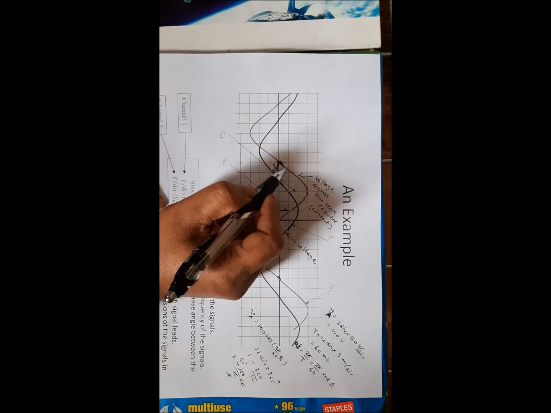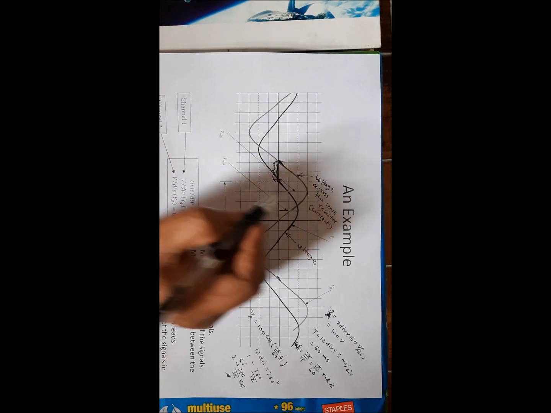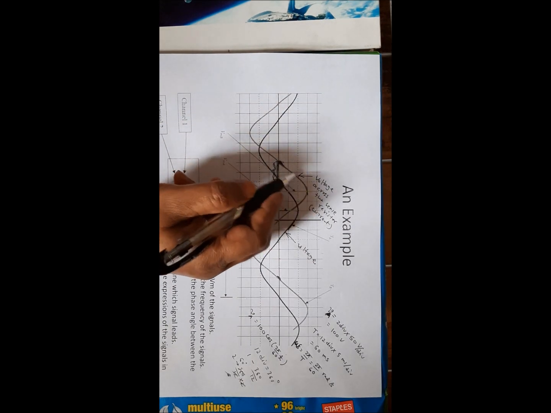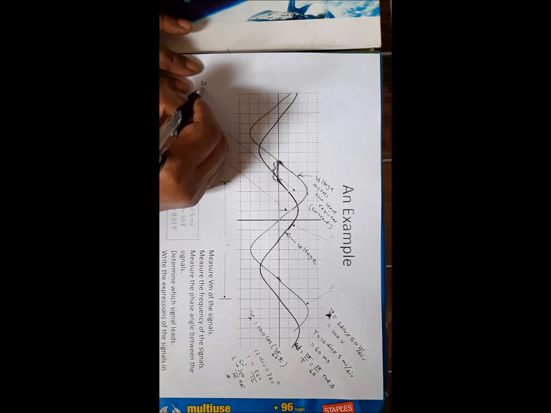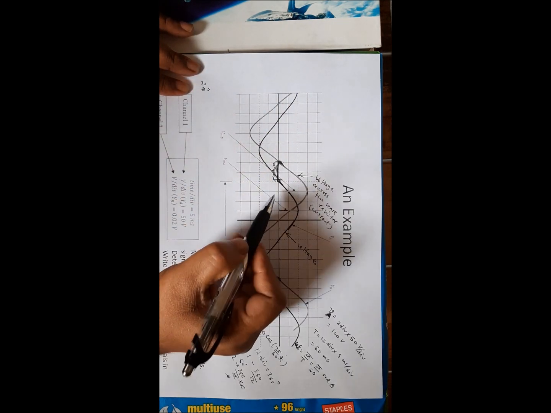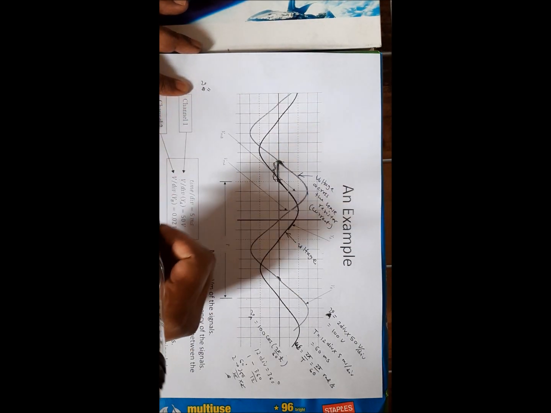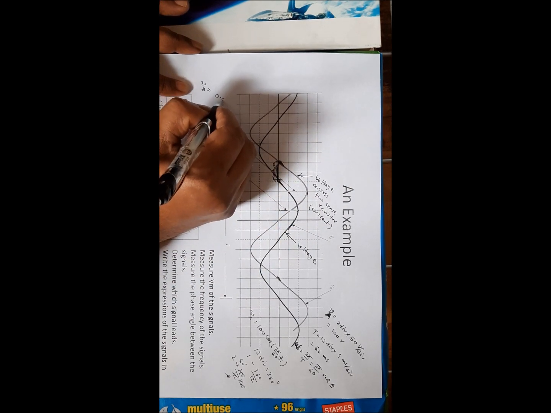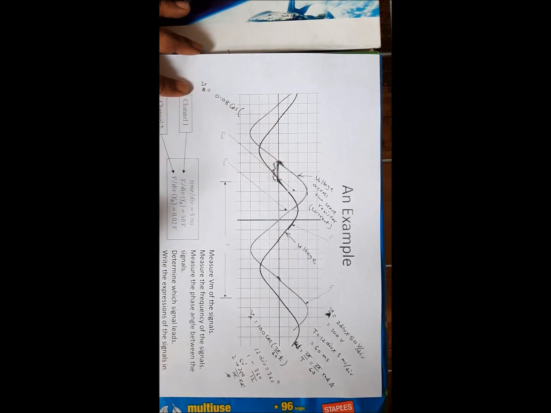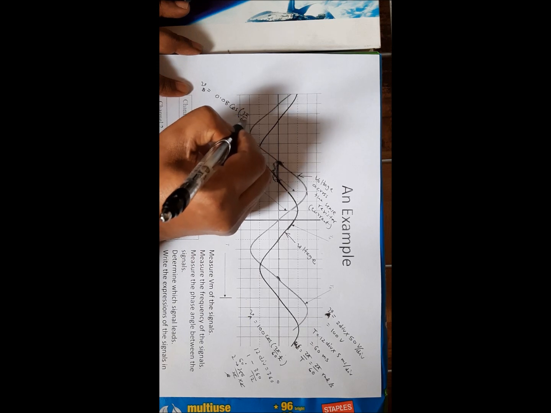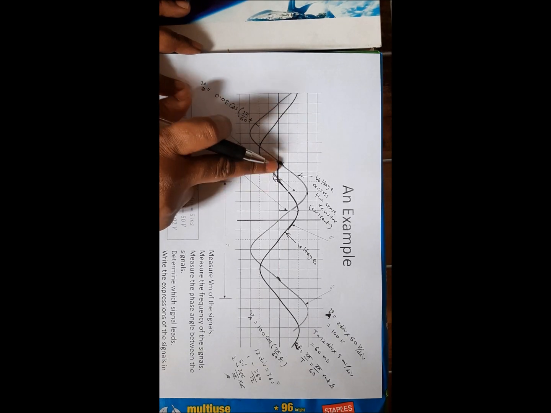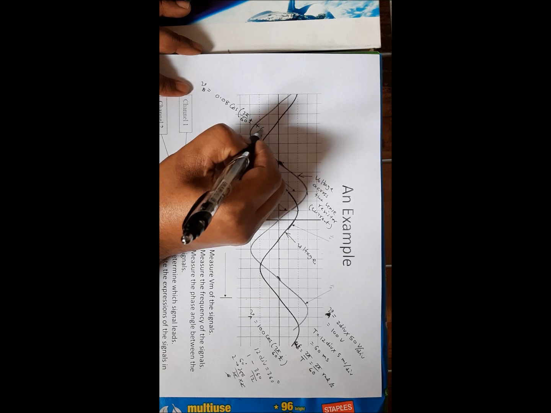Now if I wanted to find the expression for VB, the voltage across channel 2 or across the sense resistor, VB will have 1 2 3 4 divisions, and each division got 0.2, so 4 times 0.2, 0.8, and we write it in terms of cosine, and frequency is the same, 2 pi over 60 t, and the angle difference between these is 60 degree, so plus 60 degree. So this is your VB expression.